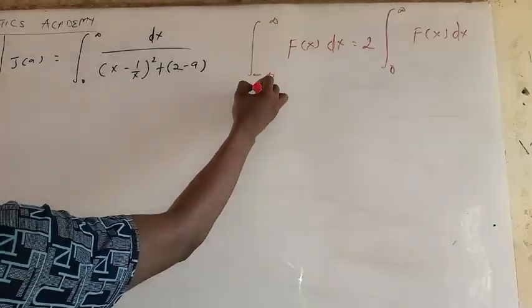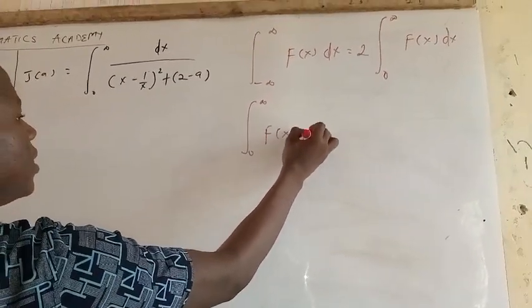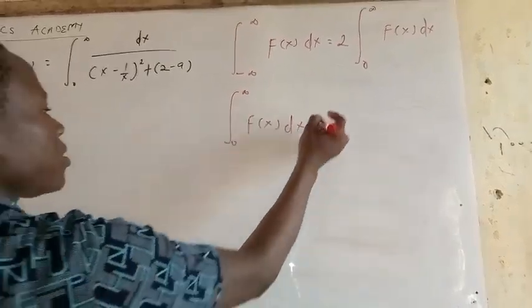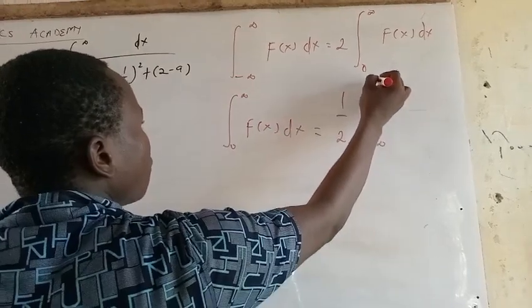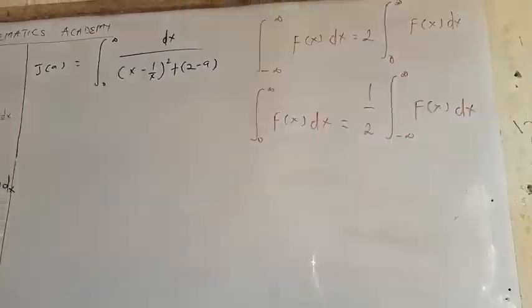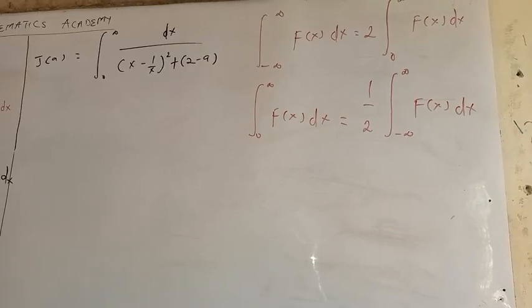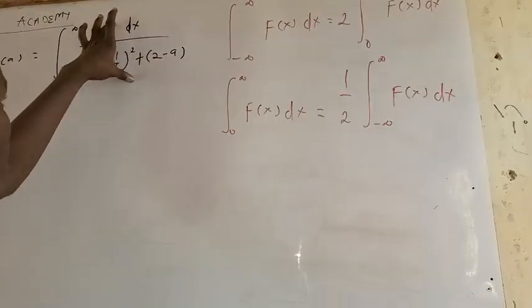Then you can say that the integral running from 0 to infinity of f of x dx is the same thing as 1 over 2 times the integral running from negative infinity to infinity of f of x dx. So therefore, I can rewrite this integral in this form. Here is my f of x. Are you getting me now?